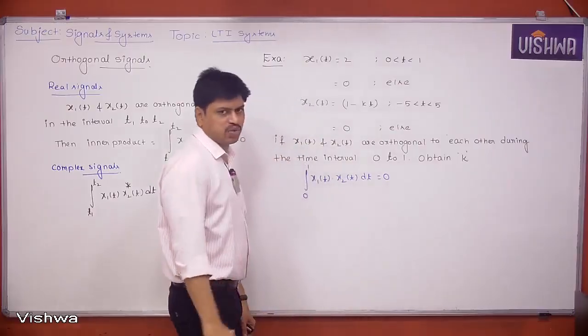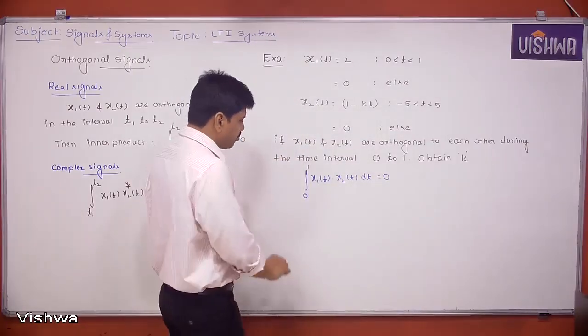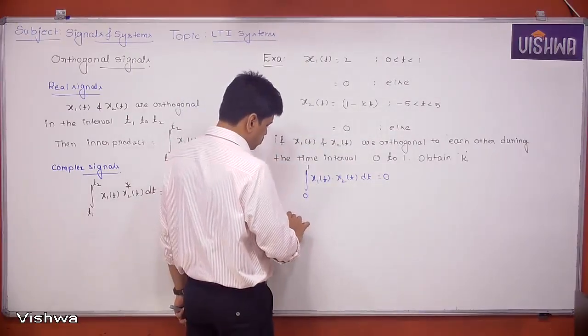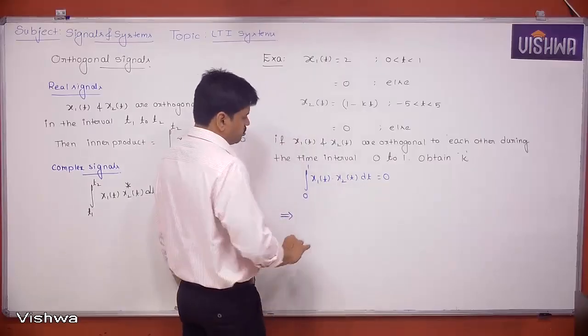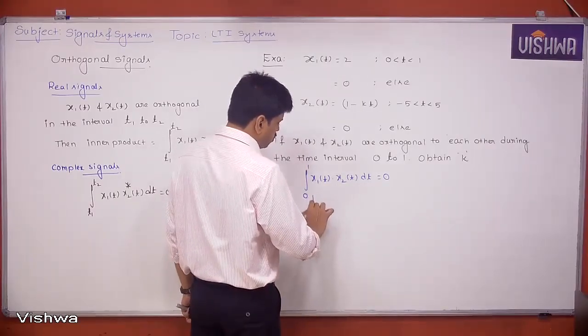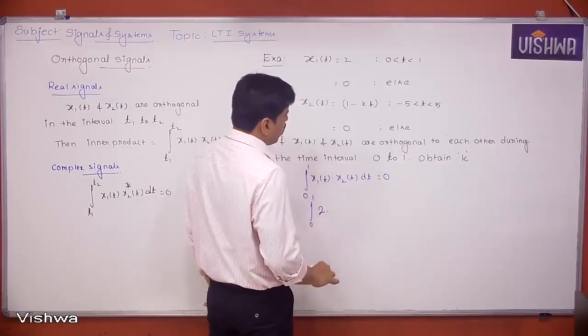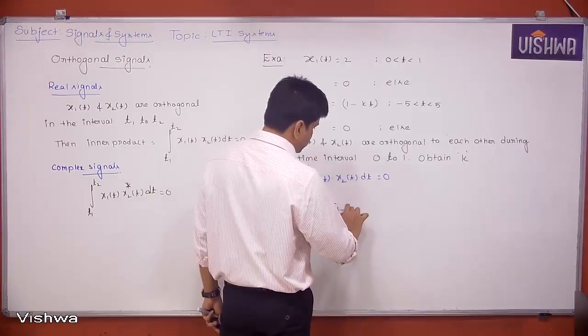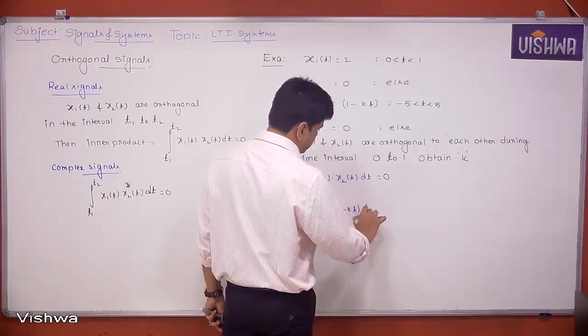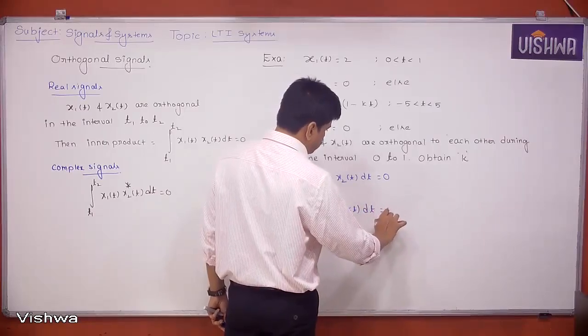This is the condition we have to apply. So if I apply this condition, that implies integral 0 to 1 of 2 into (1 minus kt) dt is equal to 0.